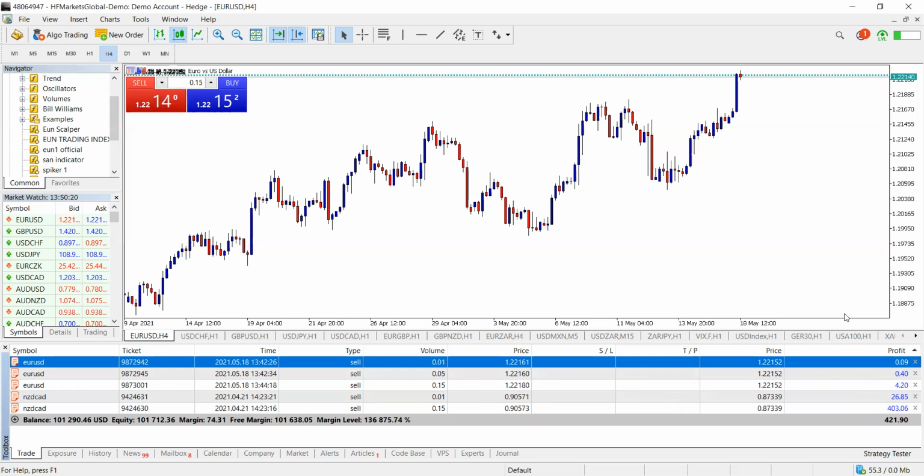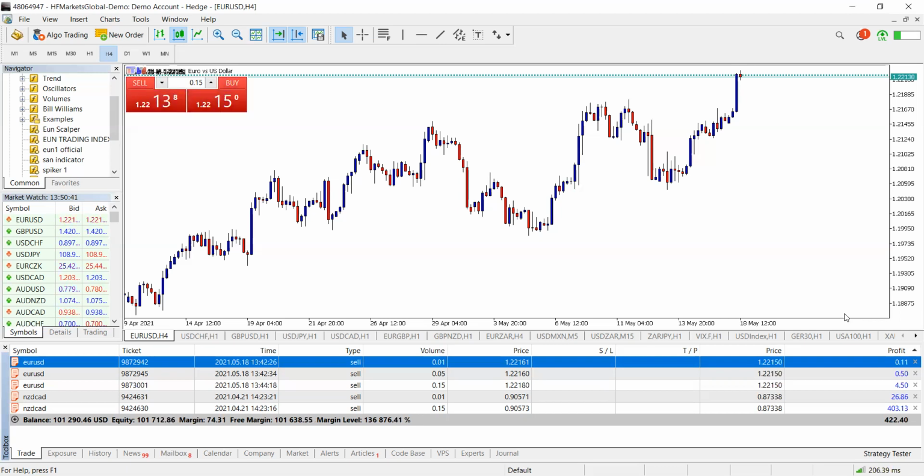If you were having a loss, that is how we could have lost money. The one with the small lot size would be losing 13 cents, but the one with the 0.15 would be losing $4.80 already.